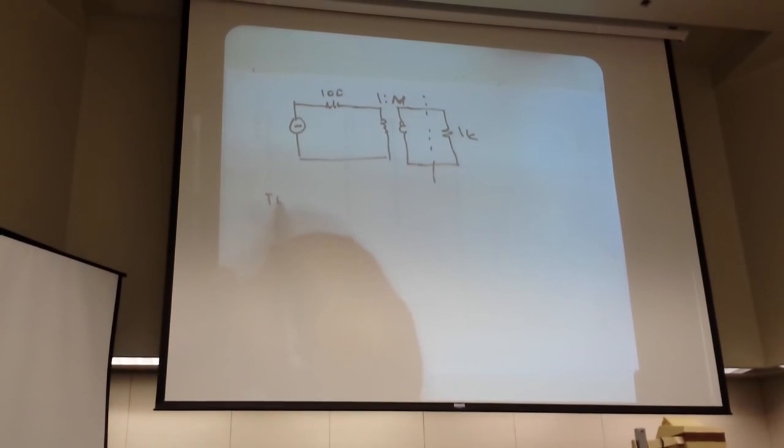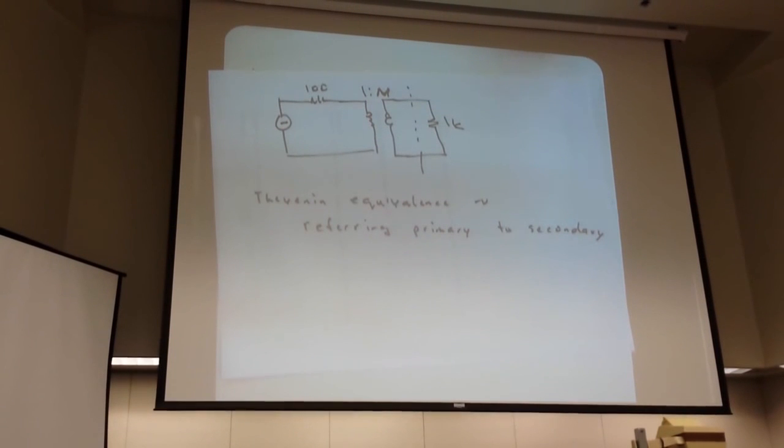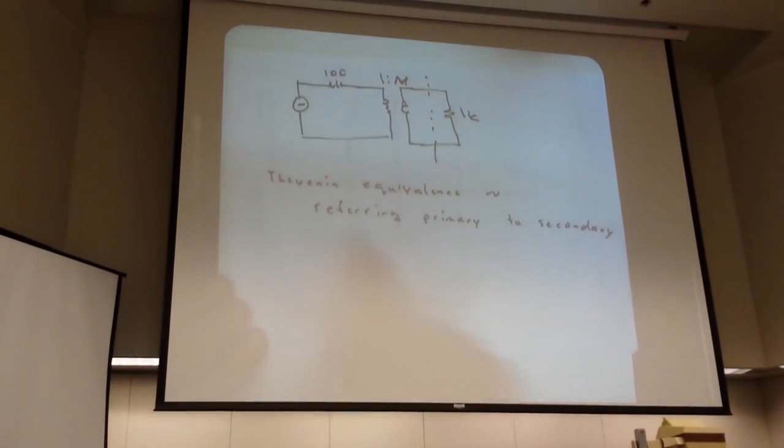Thevenin equivalence, we can say, is comparable to referring the primary to the secondary, because that leaves our load unchanged, which is the whole point of Thevenin equivalence. So essentially we would open circuit that load, find the open circuit voltage, and then short circuit to find Norton, or use our Thevenin method, whatever you want.